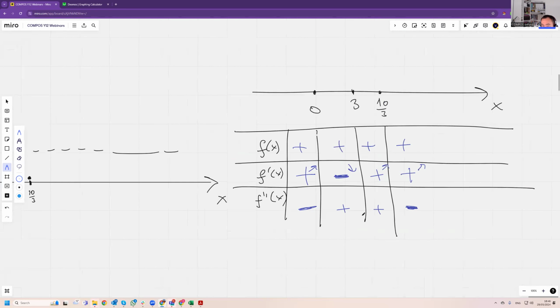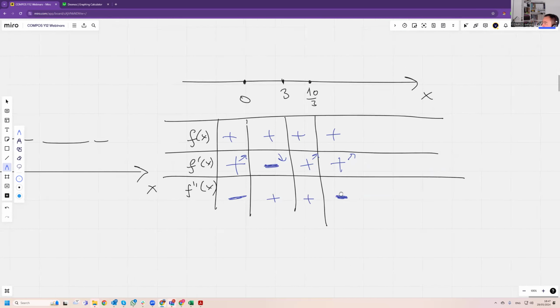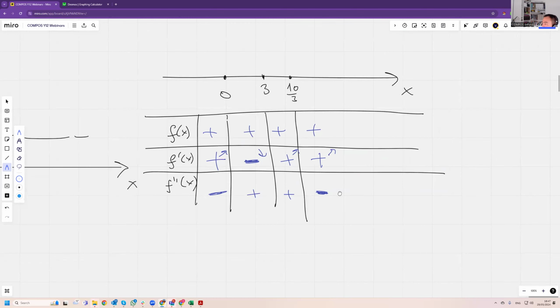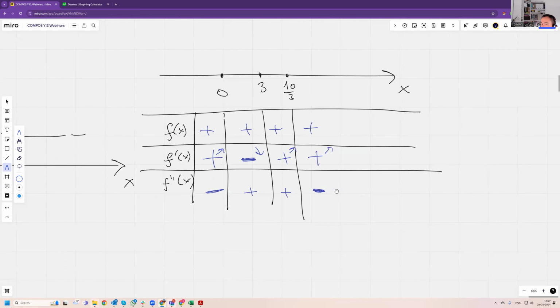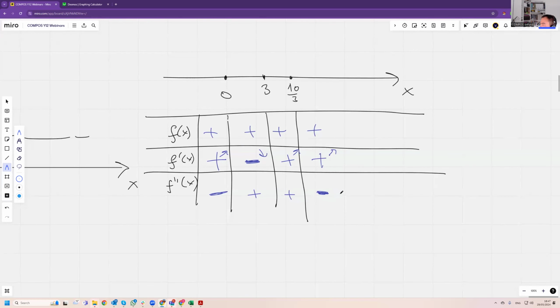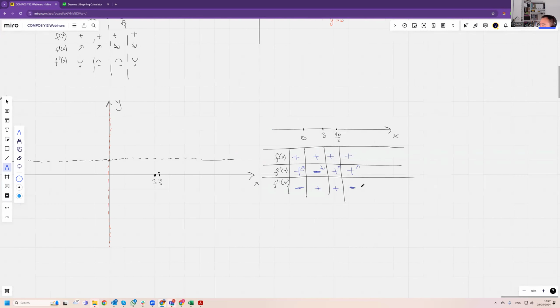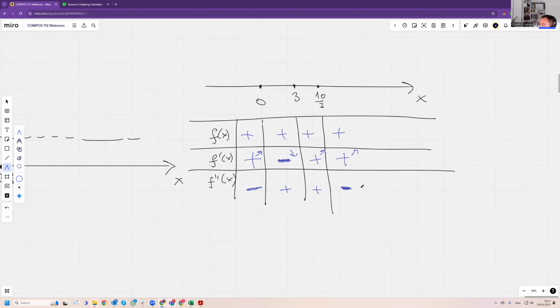Sorry, does everyone understand why I put minus, plus, plus, minus? Please let me know if you don't, because I assume that you understand. If you don't, I just need to explain it. It doesn't take a lot of time.